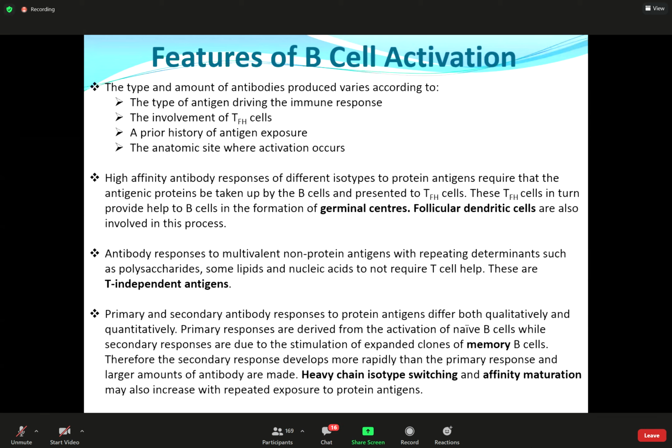And this isotype switching and the generation of these high affinity antibodies occurs within those egg yolk type structures within those B cell follicles, the germinal centers.